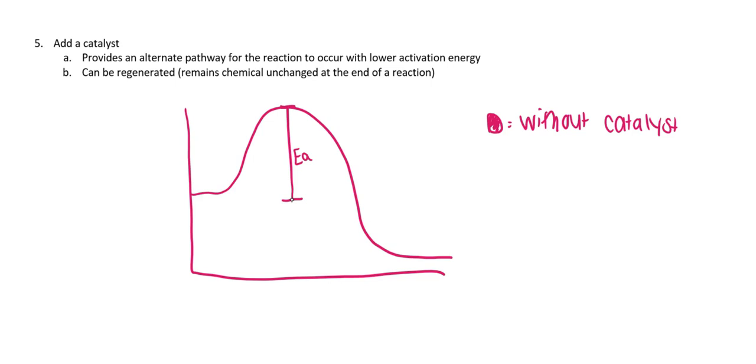We have to push that mower all the way up and over the hill. Let's say we had an alternate pathway that took less energy. Well, the less energy that it takes, the faster that reaction is going to occur. So my blue line represents what this reaction would look like with a catalyst.